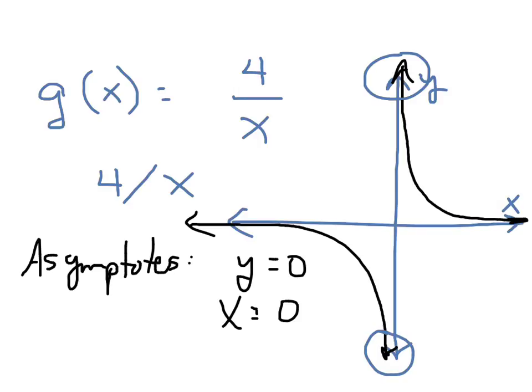So, as far as what they do for this one, it says to draw it. How do you draw where I put the black curves on there? How did I get those? I just kind of roughed it in, right? Now, I'm going to ask you to label the asymptotes.